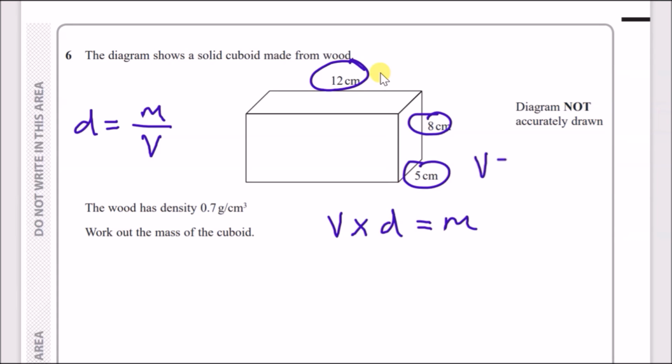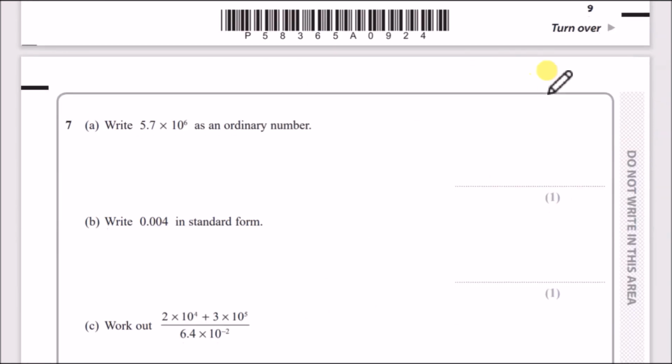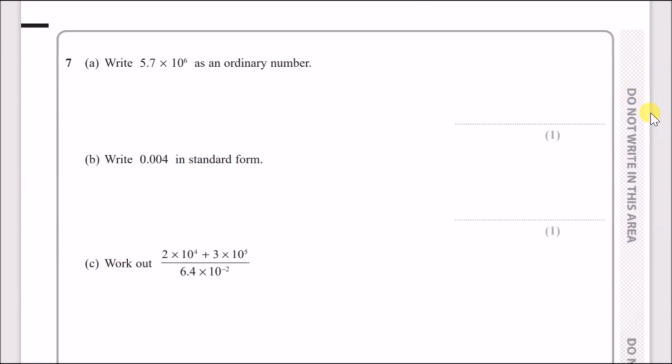This means that the volume is 480 centimeter cube. And we know the mass is volume times density, so it'll be 480 times 0.7. This means that the mass is now going to be 336 grams.